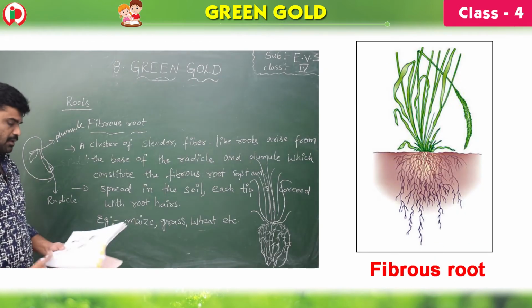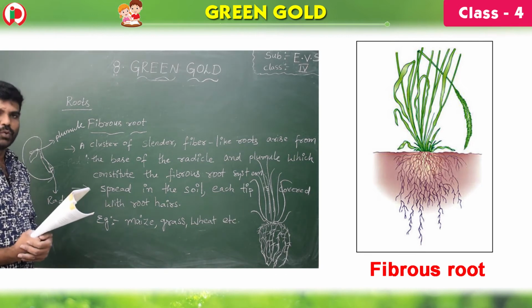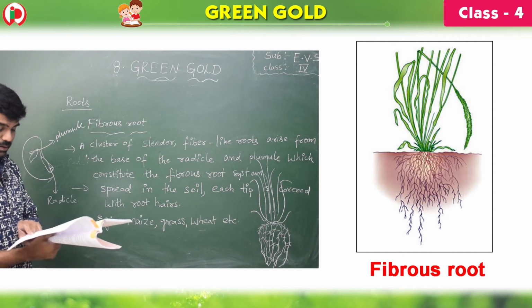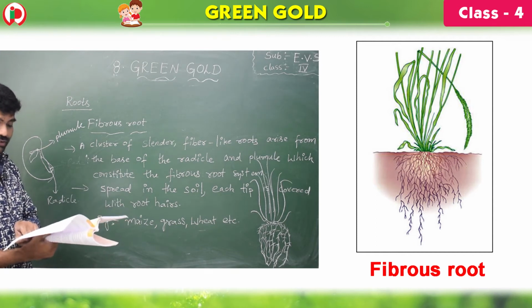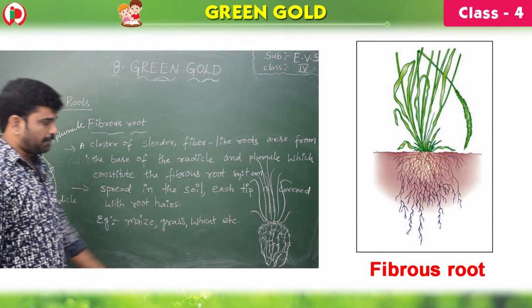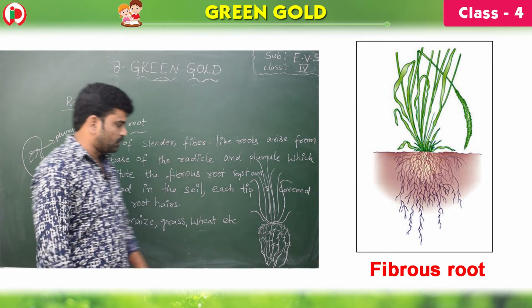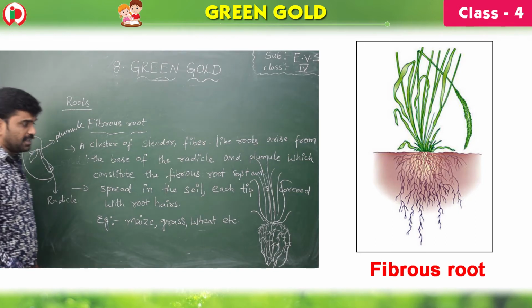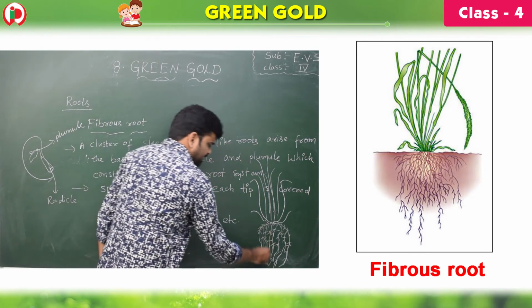Children, now see the roots. The first one is the fibrous root system. A cluster of slender, fiber-like roots arise from the base of the radicle and plumule. See, these are the roots, children.